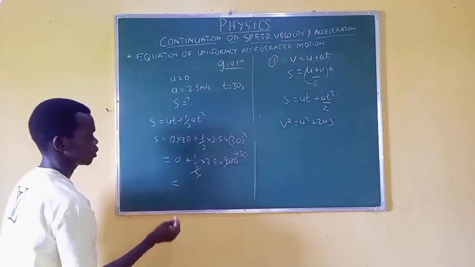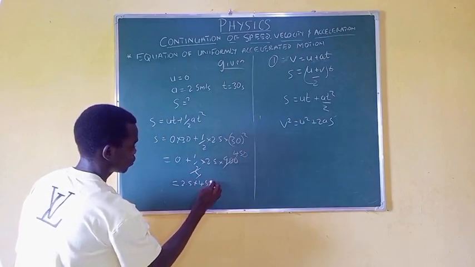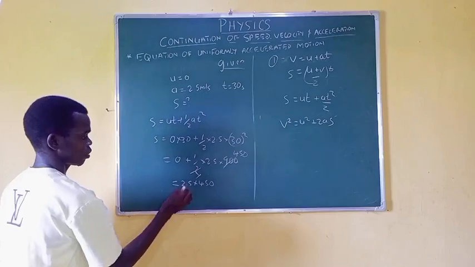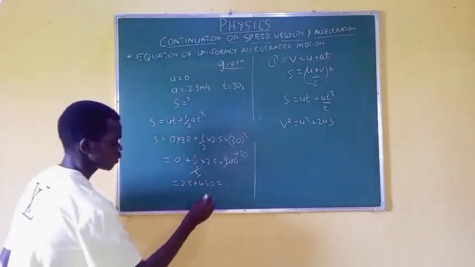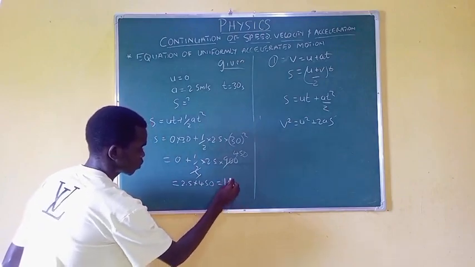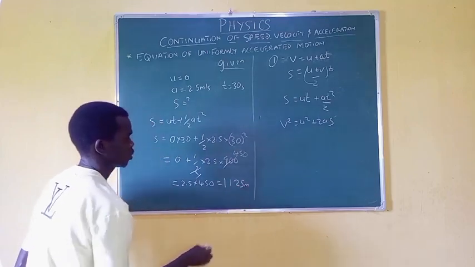So S will now be 2.5 times 450. If we multiply here, we have 1,125 meters.